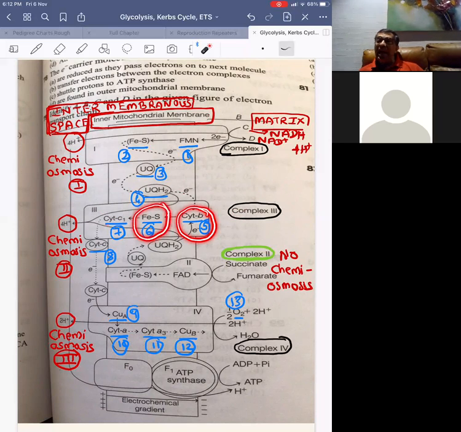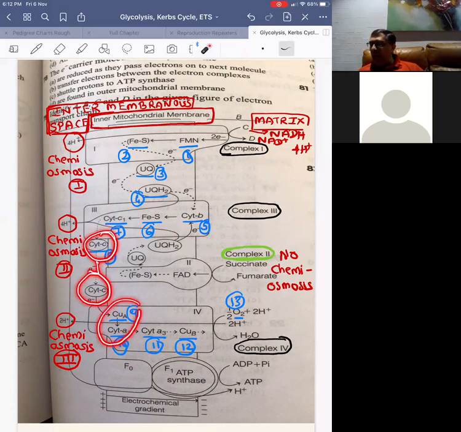तो वापस ये कुछ नया है. FES. From FES, it will go to cytochrome C1. From cytochrome C1, it will go to cytochrome C. From cytochrome C, it will go to cytochrome A, which we remember is a copper compound. From cytochrome A will go to cytochrome A3.